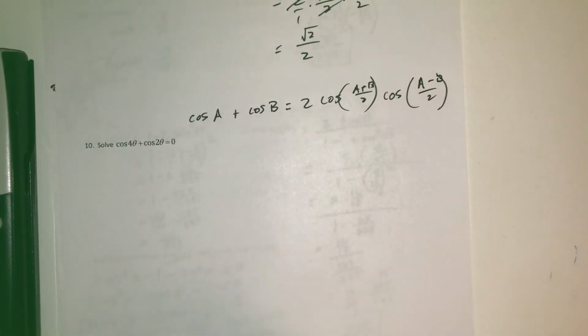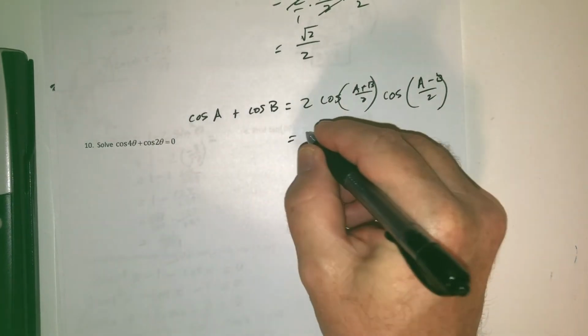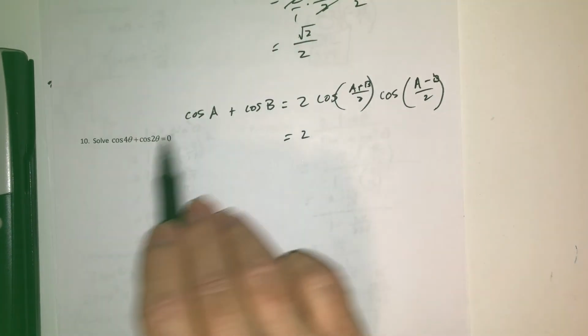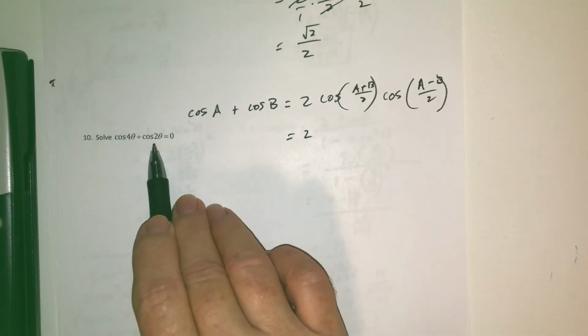Now we're going to rewrite that right-hand side. A, of course, is 4 theta, B, of course, is 2 theta.